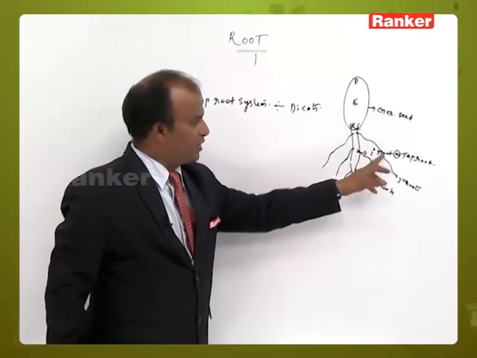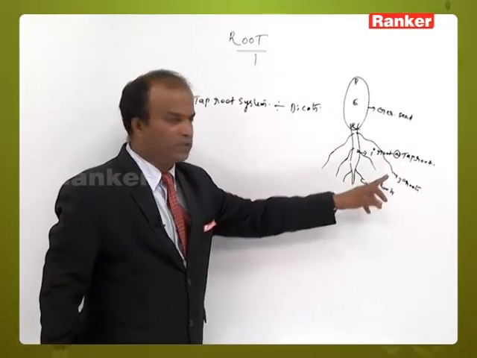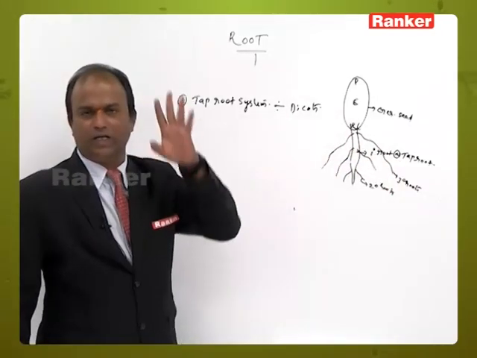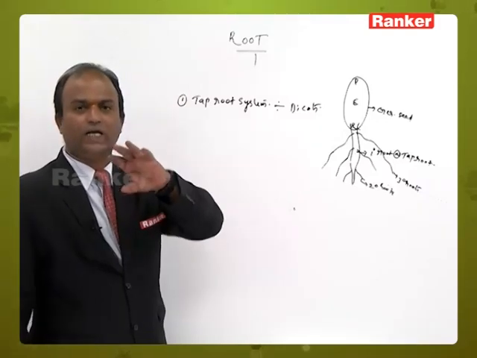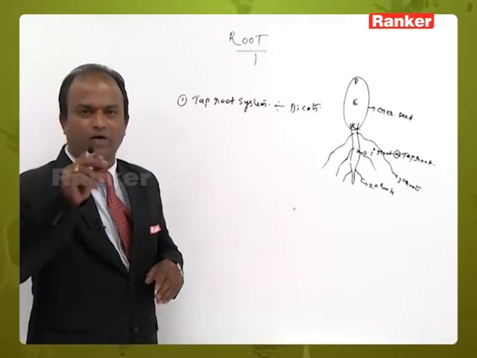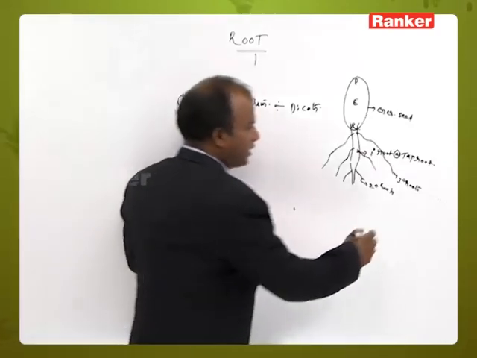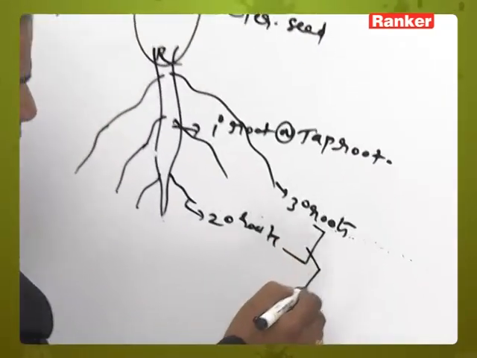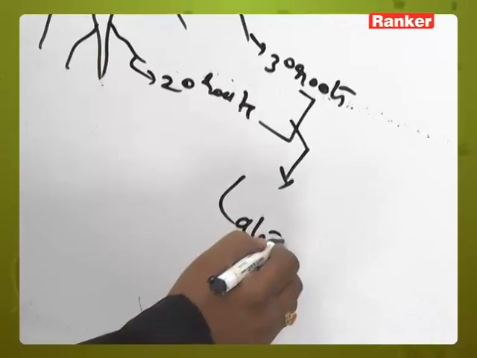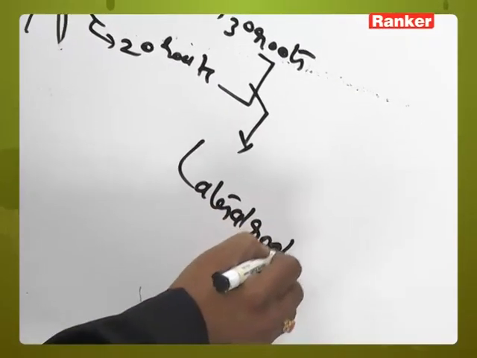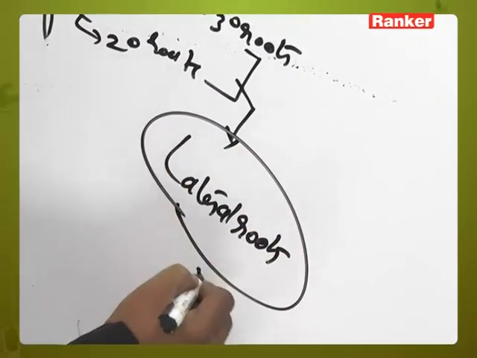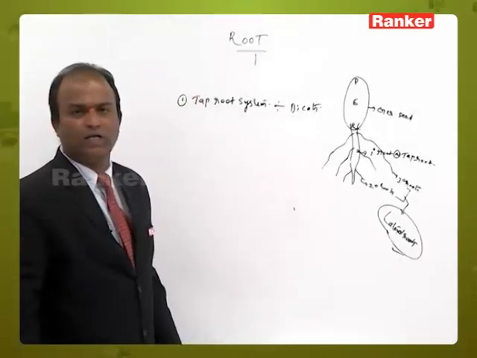That means from the primary root or tap root, secondary roots and tertiary roots originate. Can we call these secondary and tertiary roots lateral roots? Yes, they are called lateral roots.